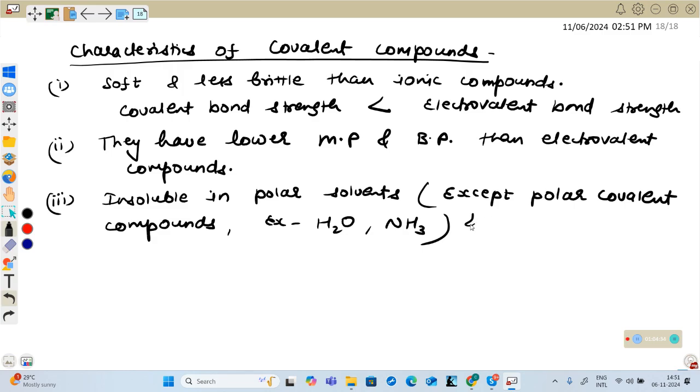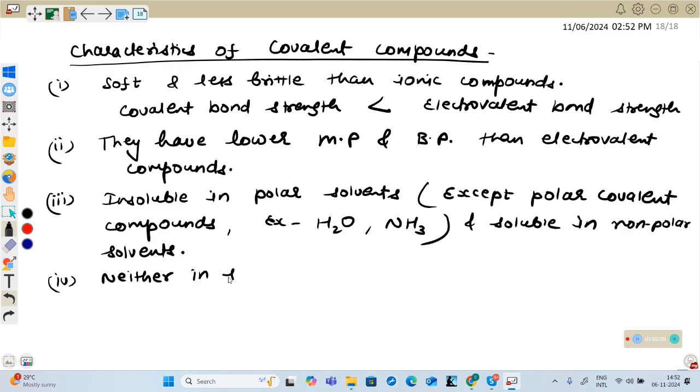Insoluble in polar solvents and soluble in non-polar solvents. All organic compounds are dissolved in organic solvents. Neither in solid nor in molten state do they conduct electricity.